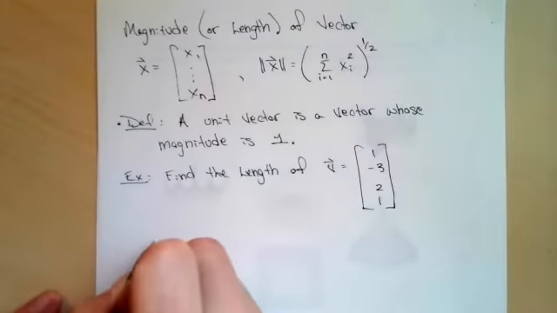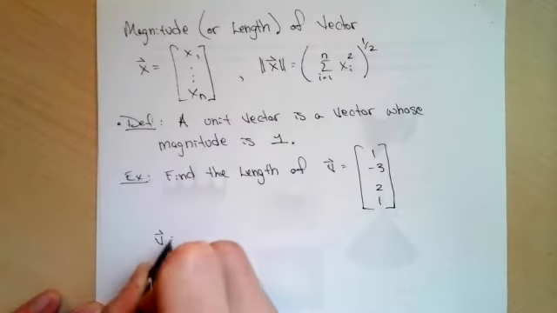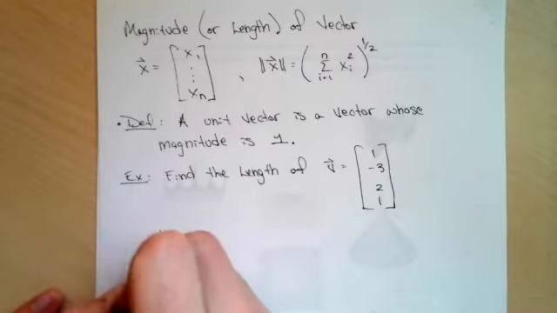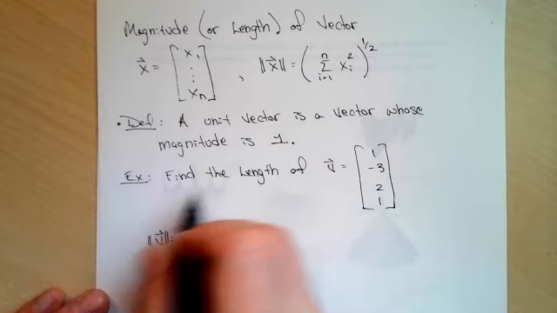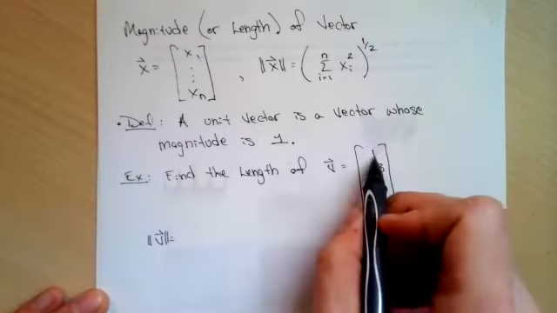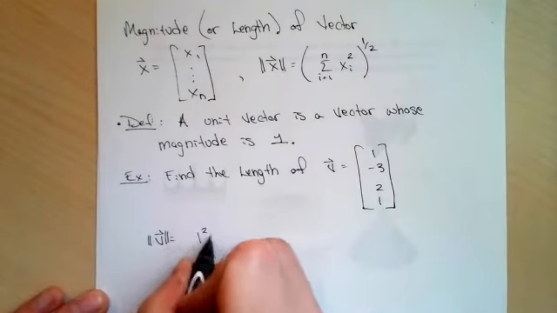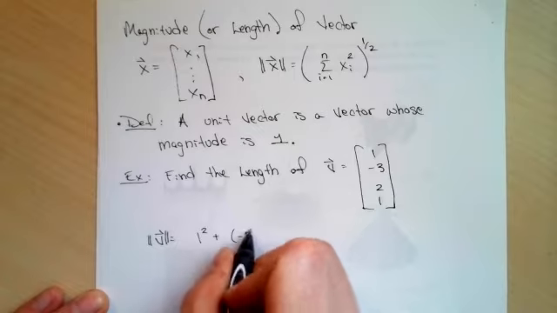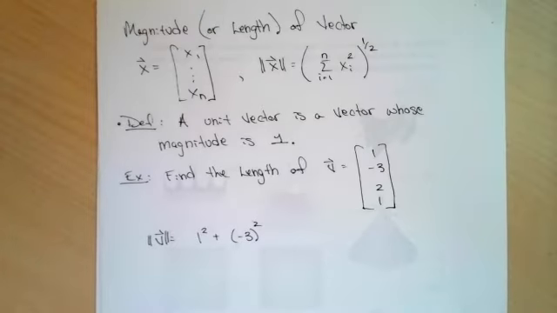So finding the length, we would just do norm v is equal to the sum of these squares, so 1 squared plus, mind all the negatives will end up being squared away.